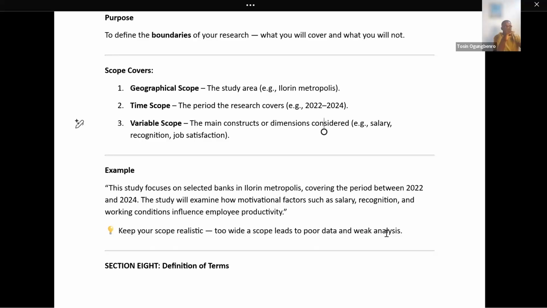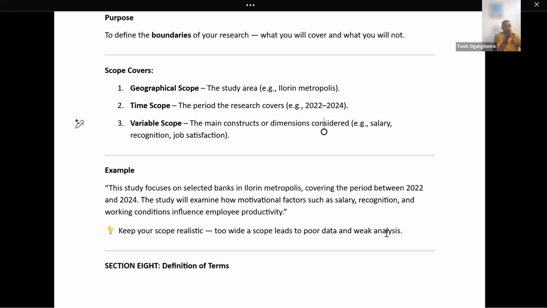It can be a time frame in terms of the time you want to use to carry out the study, and it can be a time frame in the sense that there is a study they call longitudinal study. Longitudinal study is more like secondary data, but you are studying events across a time period.